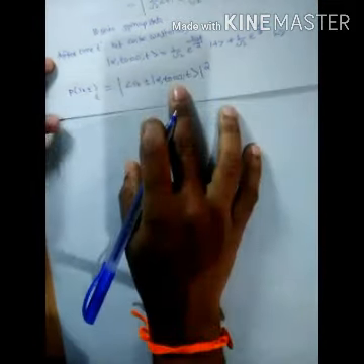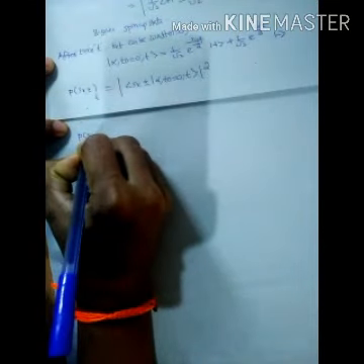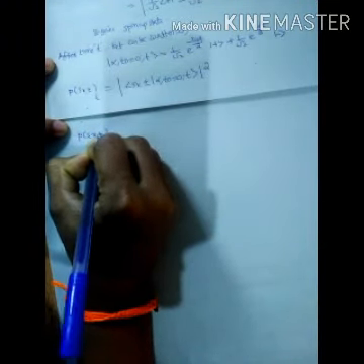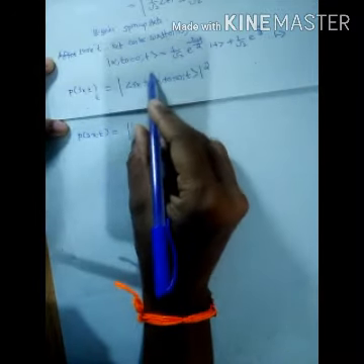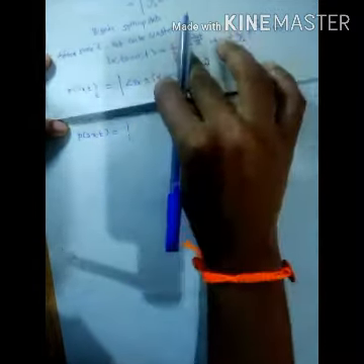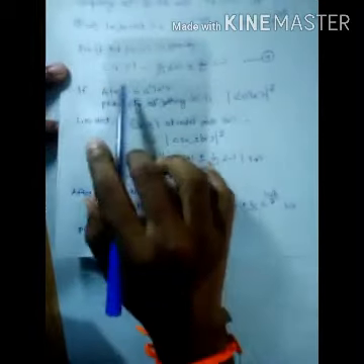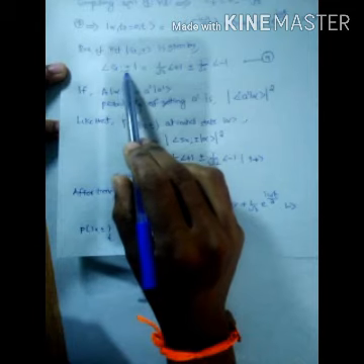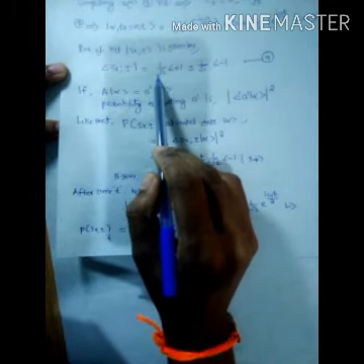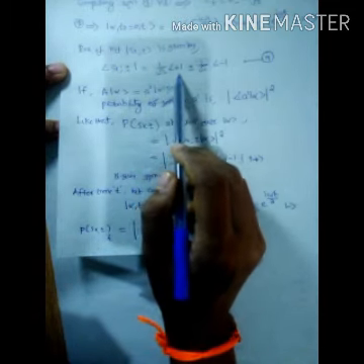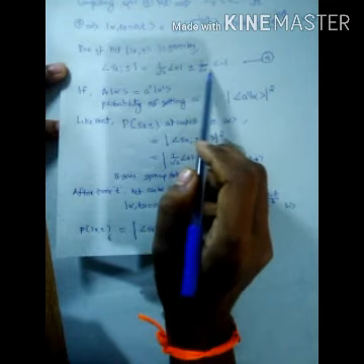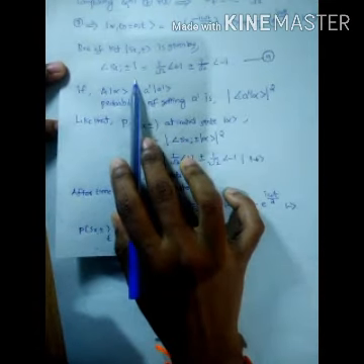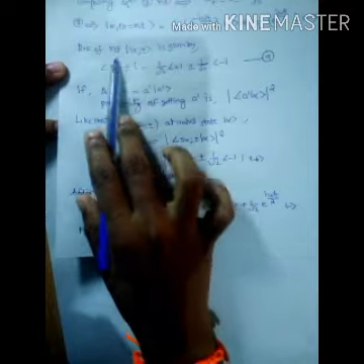So probability of getting Sx plus or minus: we know the value of bra Sx plus or minus equals 1 by root 2 bra plus or minus 1 by root 2 bra minus. Put this value here.